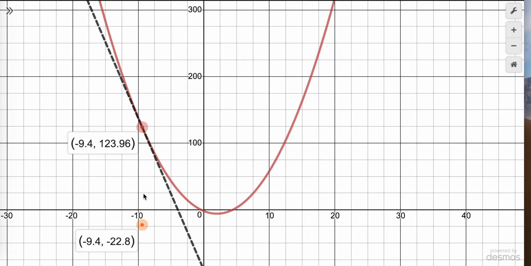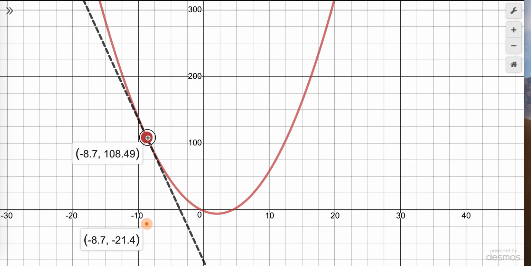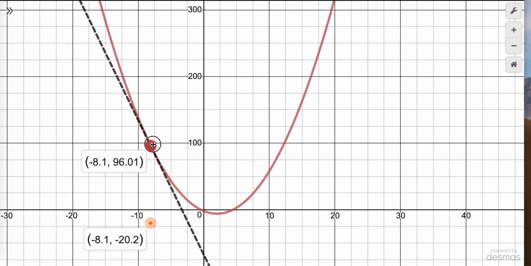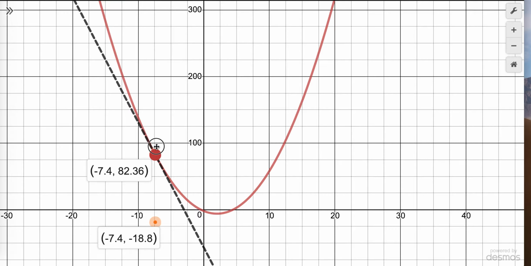But when it's slanted like this, it's definitely negative. And as it becomes more horizontal, we call that less negative. So as I'm sliding my point down here, my tangent line is becoming slightly more horizontal, right? It's starting to turn.